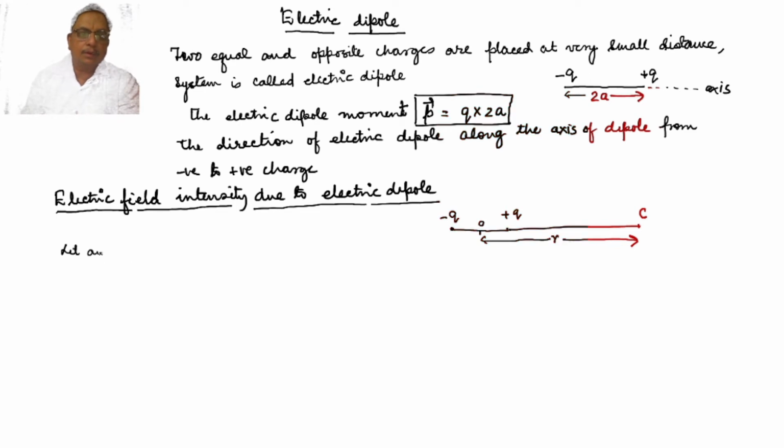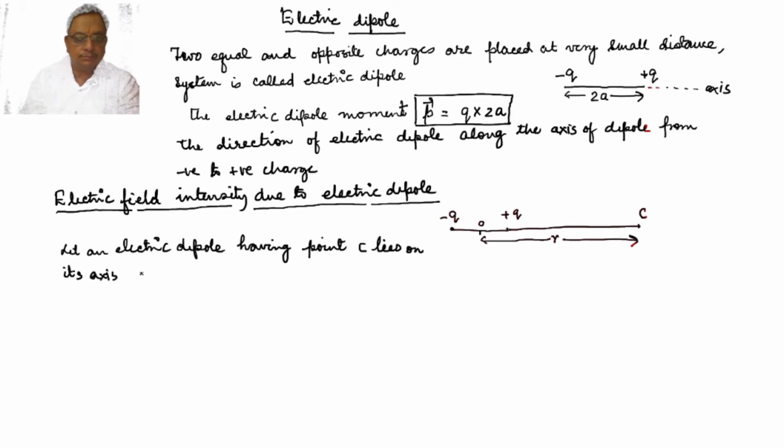Let an electric dipole have a point C which lies on its axis, where we have to calculate the electric field intensity. This case is axial, or end on position.